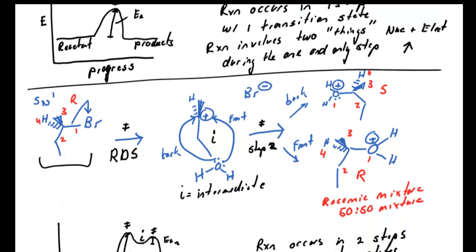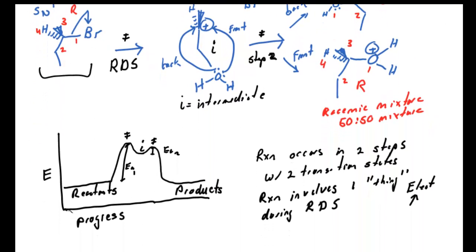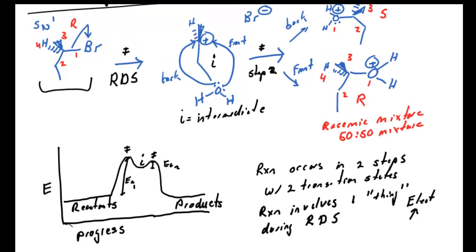In the case of an SN1, only one thing is involved in that first rate determining step. So again, what I've outlined in blue for the SN1 reaction is what you would typically write if I ask you to write the mechanism for this particular reaction via the SN1 mechanism. The rest of it are extra notes to help you understand the nature of the reaction.